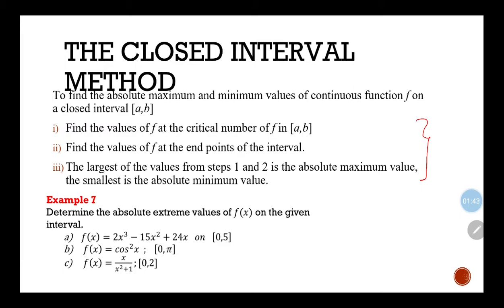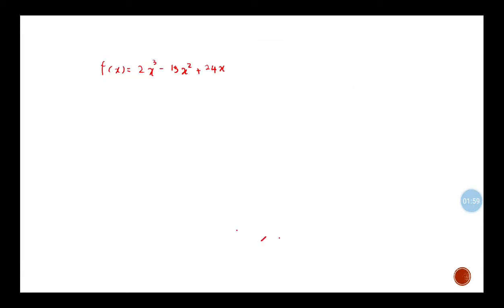Okay, so now let's try to find the first checklist. To find the values of f, I know it doesn't make sense yet. We have to do the question first and then you will understand better. Now you have this question, and the first thing that you must do is take the derivative. The derivative is 6x squared minus 30x plus 24.